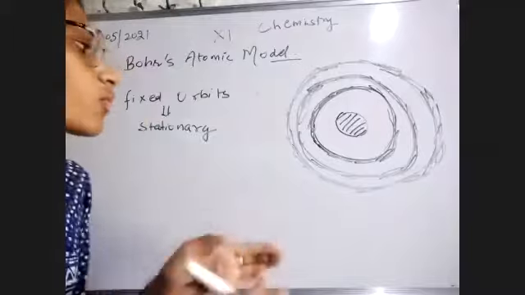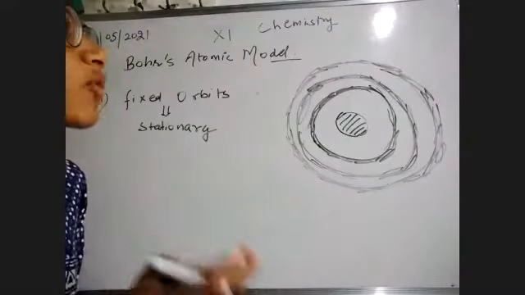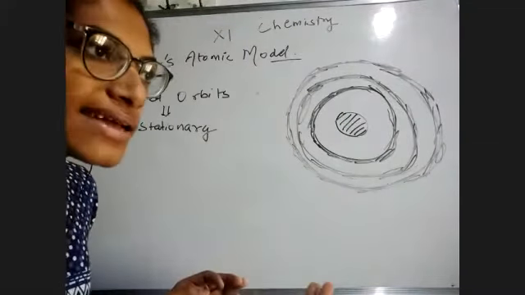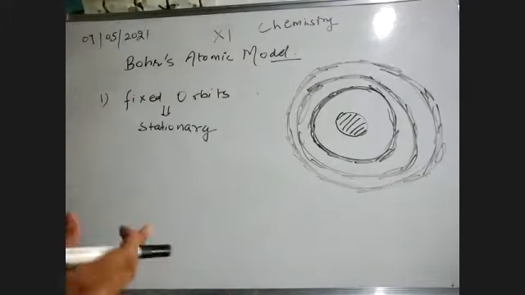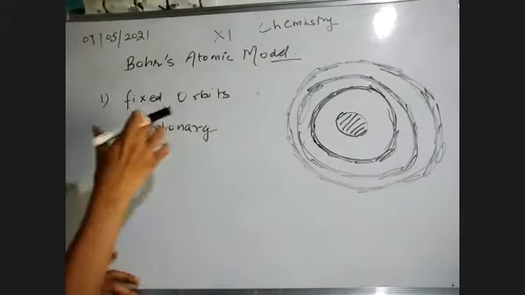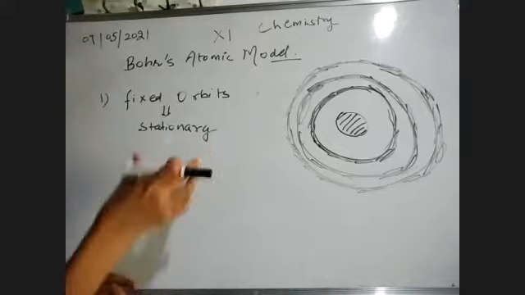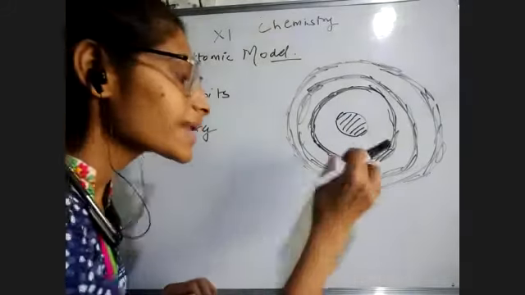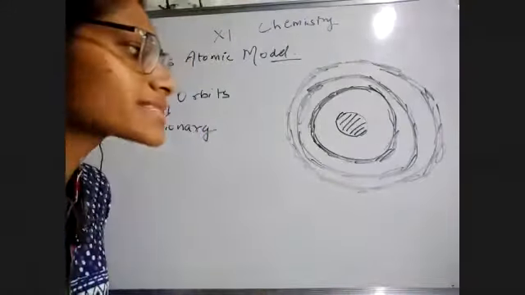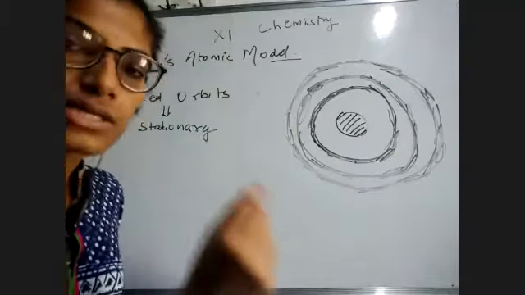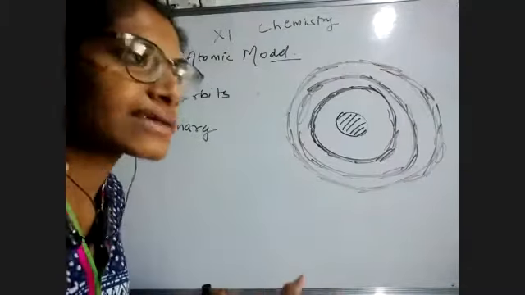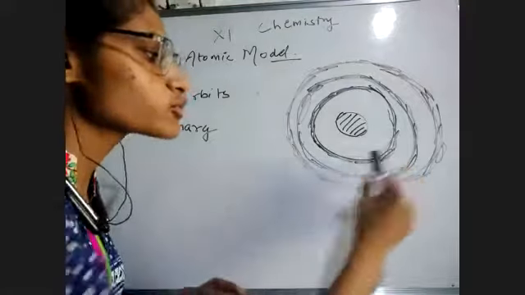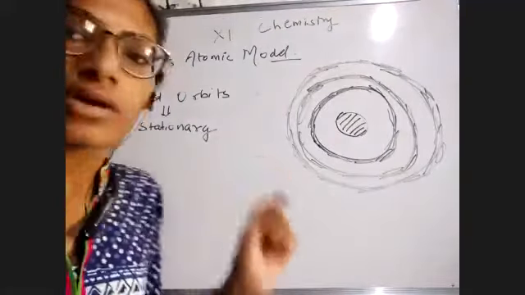So Bohr explained it in a little bit modified way, saying that these orbits are fixed, that means these are stationary, these are not moving. And he also explained that these orbits have somewhat thickness, these orbits have somewhat radius. That's why I have tried to show this a little bit darker.